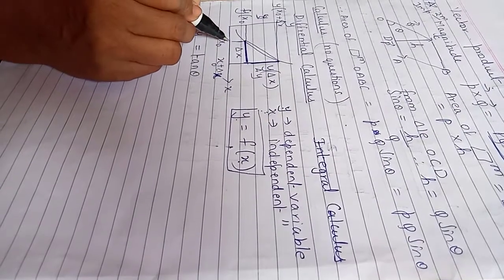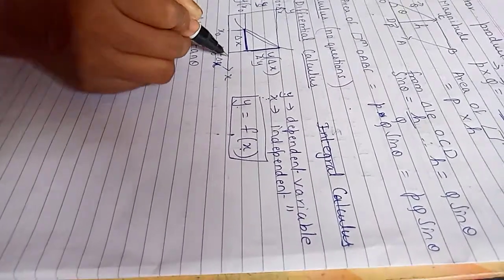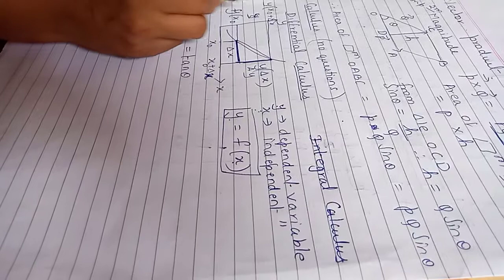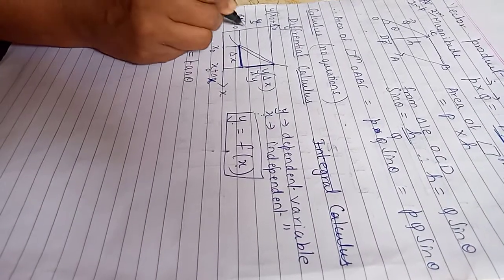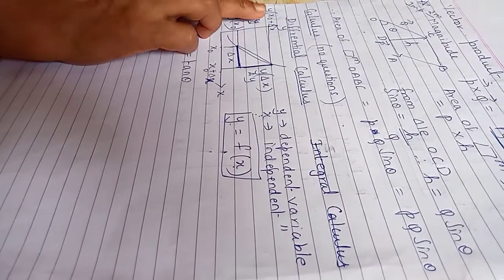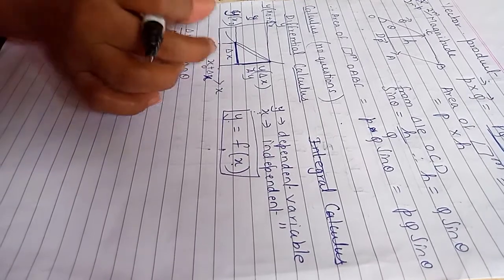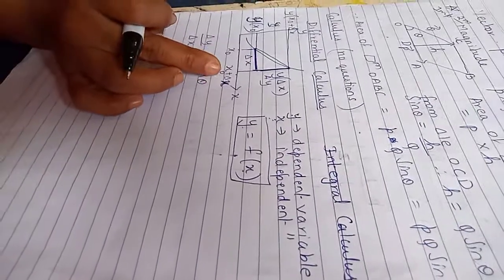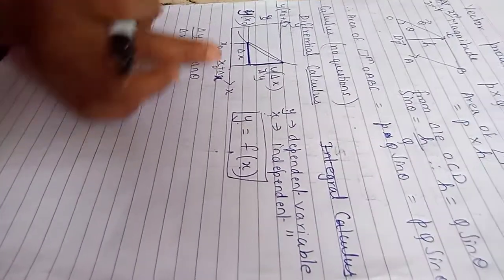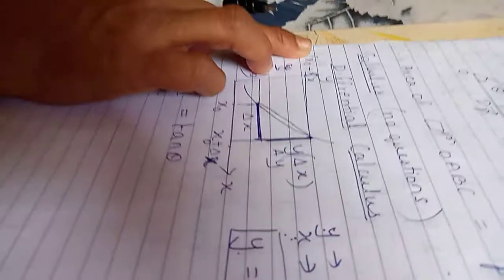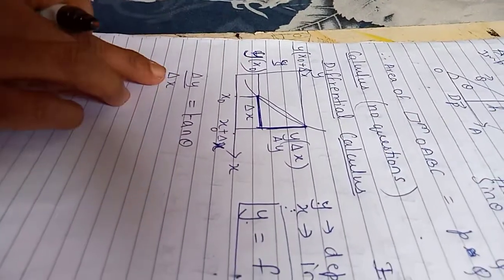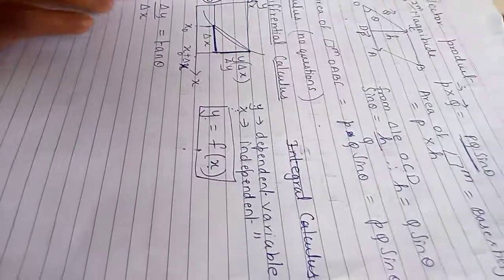Let x change from x0 to x0 plus delta x. If you take the difference x0 plus delta x minus x0, you get delta x, and the change y of x0 plus delta x minus y of x0 gives delta y. Delta y by delta x is tan theta here. Are you okay? Tan theta.